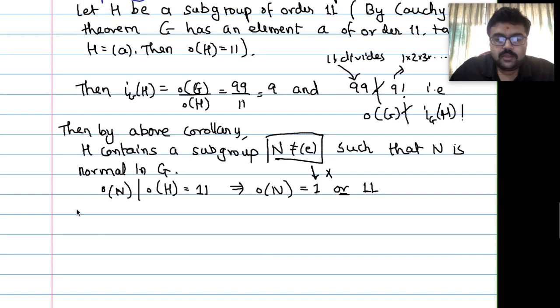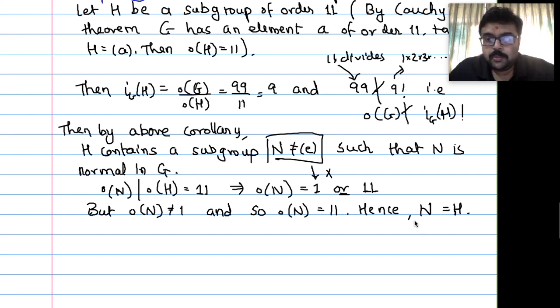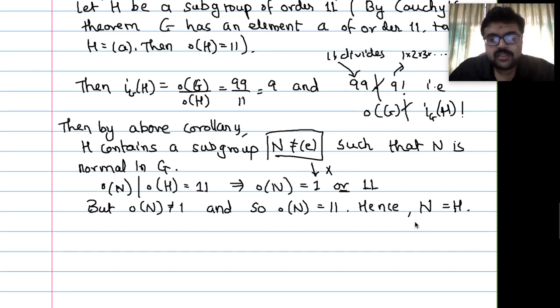So the order of N equals 11, and hence we have HN equals H, because H is a subgroup of order 11 and N is a subgroup of H of order 11. N is a subset of H, it also has 11 elements, and H has 11 elements.